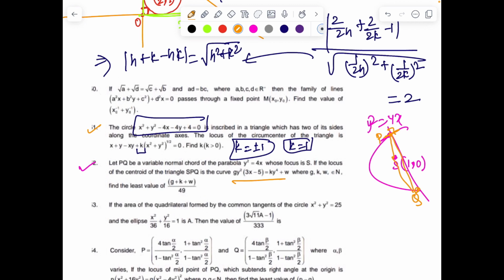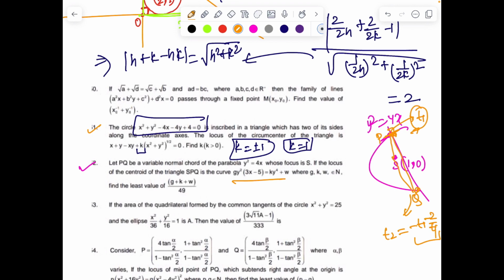Now this is again an interesting question. If I take 2 parameters, let's say this point P with t1, we know the point Q is given by t2 equals minus t1 minus 2 by t1. So P is at t1 square, 2t1 and Q is t2 square, 2t2.